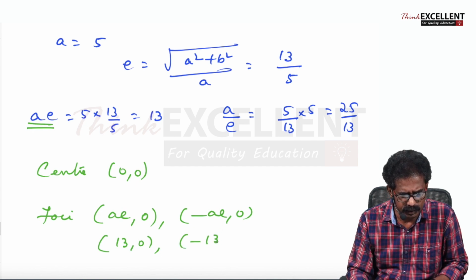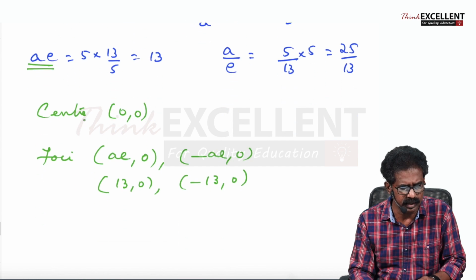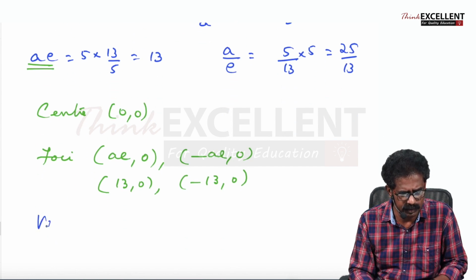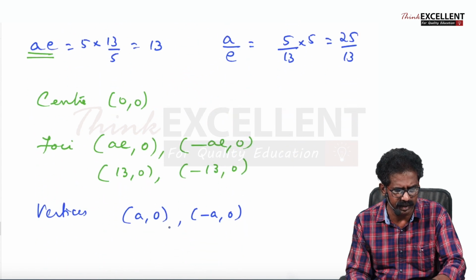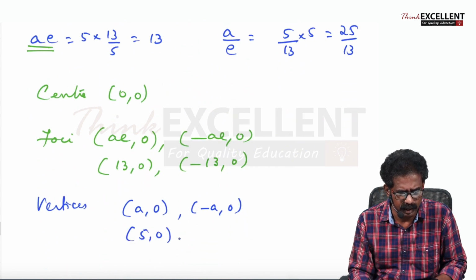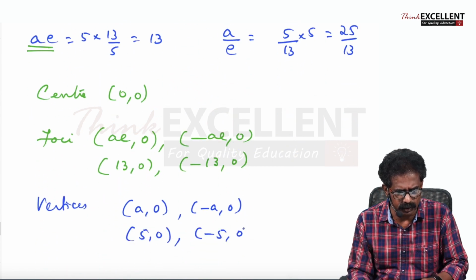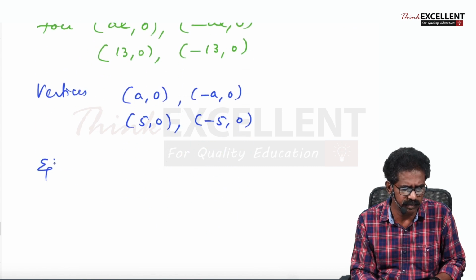Then next they ask vertices. There are two vertices. It is first type, so it is a, 0 and minus a, 0. So what is a value? a value 5, right? So it is 5, 0 and minus 5, 0. So you can find equation of directrix.